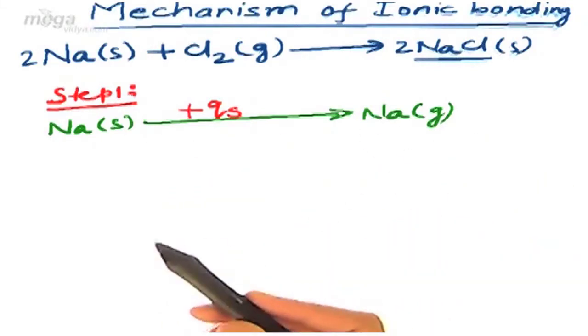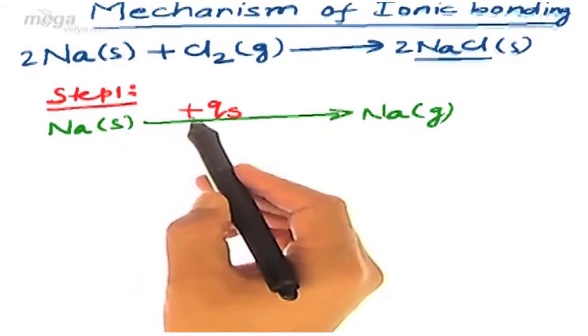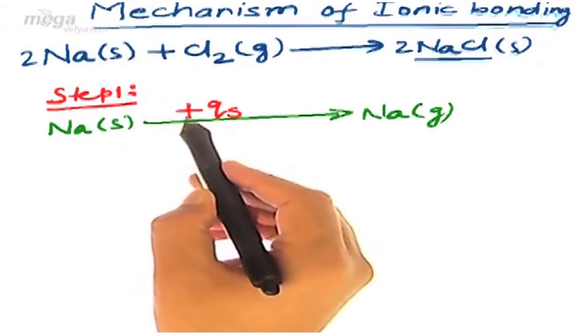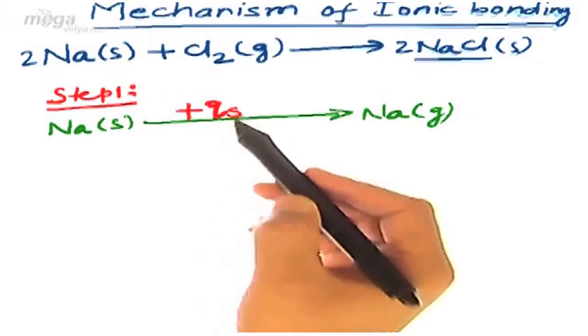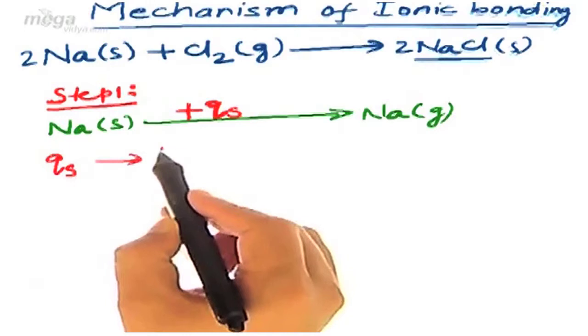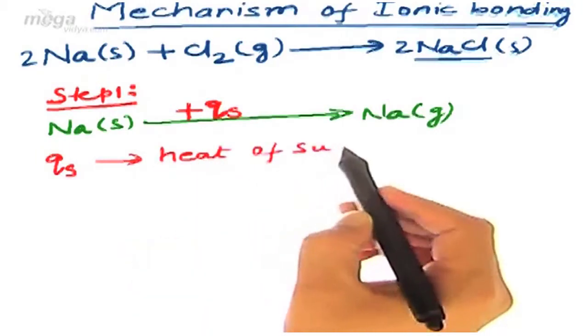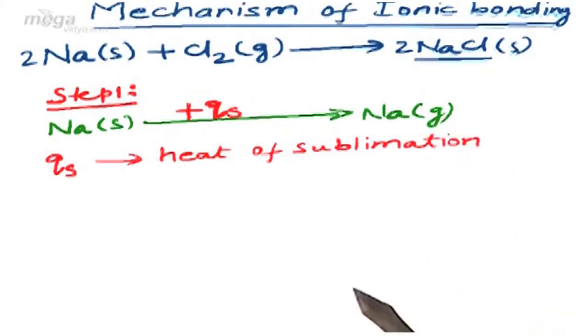So the process is sublimation, and since heat energy will be absorbed during this process, we are representing it by plus. For heat we are writing Q, and for the sublimation process we are writing S. So here Qs represents heat of sublimation.